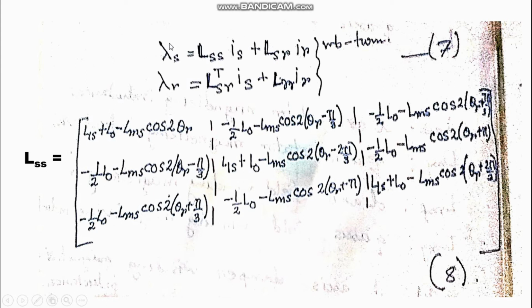While performing DDT of LSS, as LSS is not a constant matrix, all these terms will give you a lot of speed dependent terms, something like d theta dt, and you have to consider a lot of numerical variables, and it will make your model unstable.